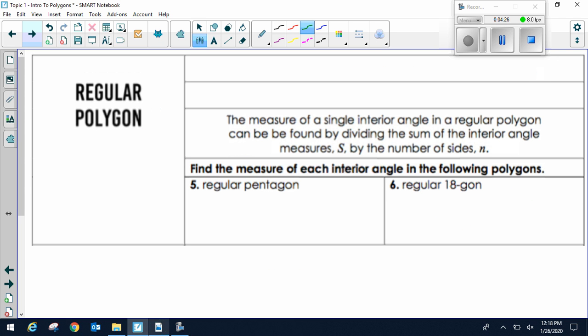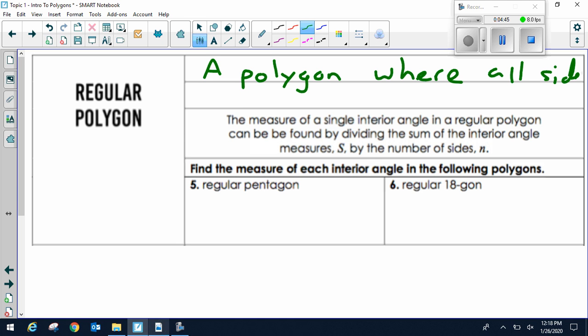Now, sometimes we have this concept called a regular polygon. A regular polygon is a polygon where all the sides and the angles are congruent.